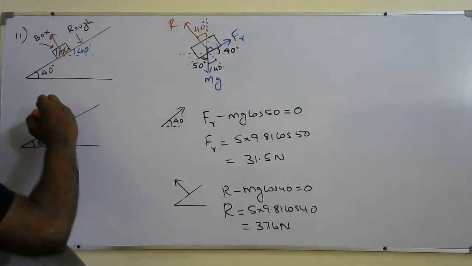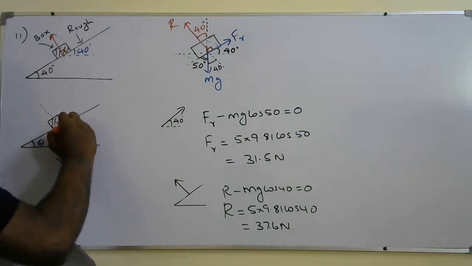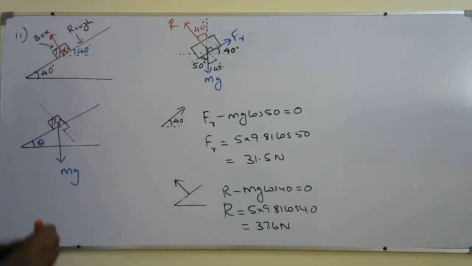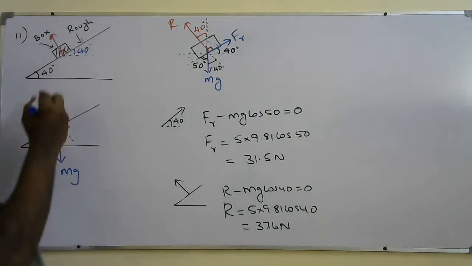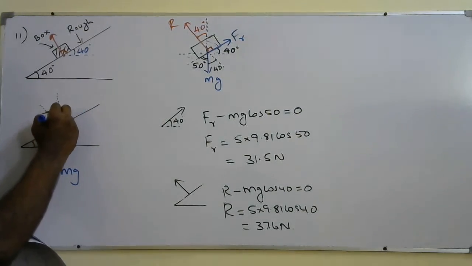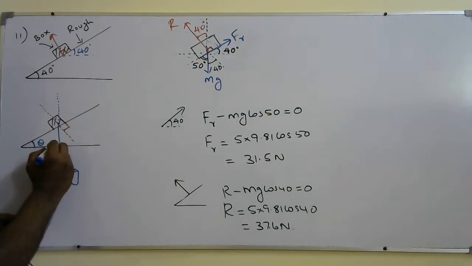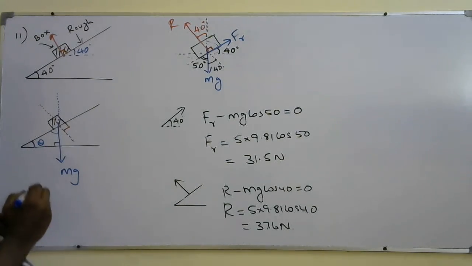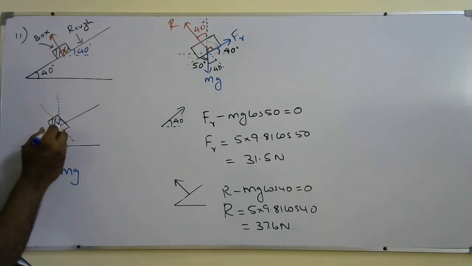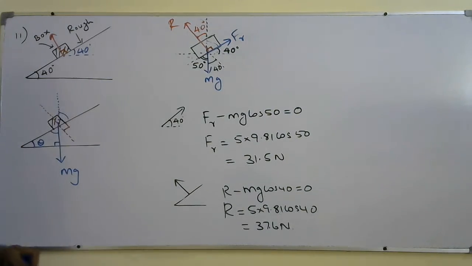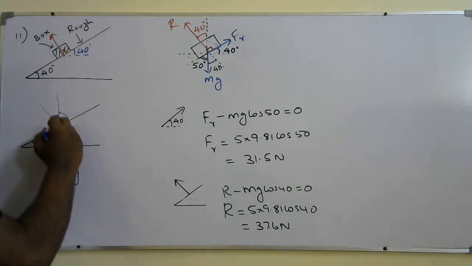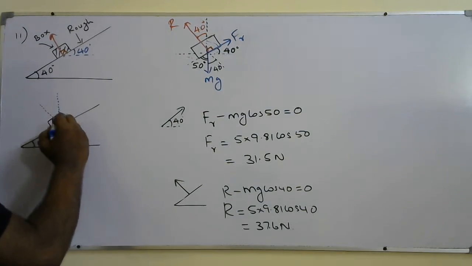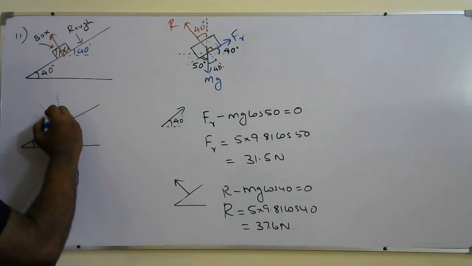So how is it mg sine theta? We'll draw a normal to this line also. This is 90 degrees. So we'll extend this line also, the weight. So this is theta, this is 90, means this is 90 minus theta. If this is 90 minus theta, this also is 90 minus theta because of opposite angles. The red color line and the black color line among them make 90. So this angle, how much?